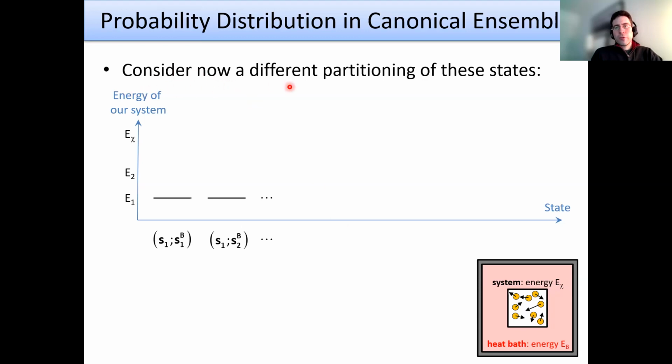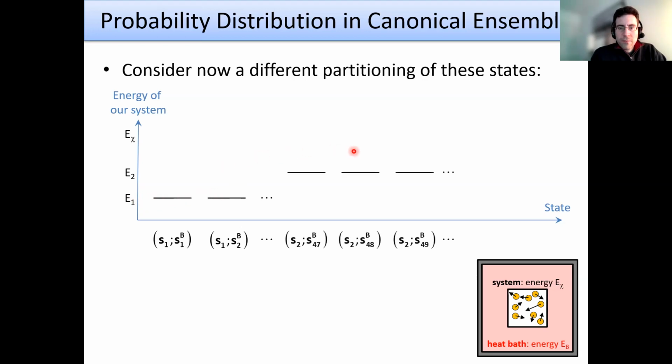So we're considering a slightly different partitioning of the states. I'm plotting now the energy of the small system. When I say our system, it means this small system here. So this can be in energy E1, energy E2, E3, etc.